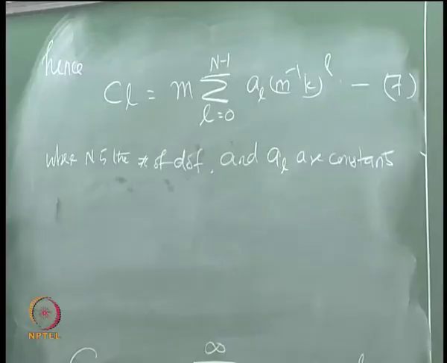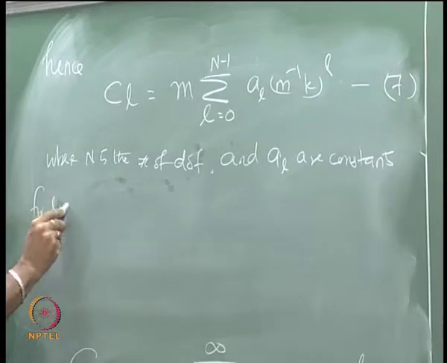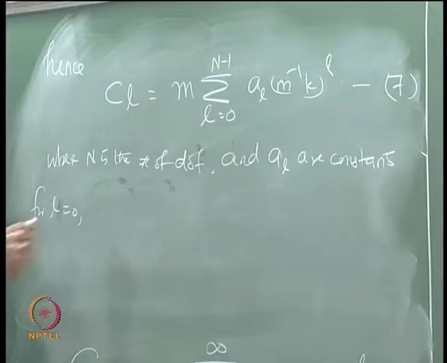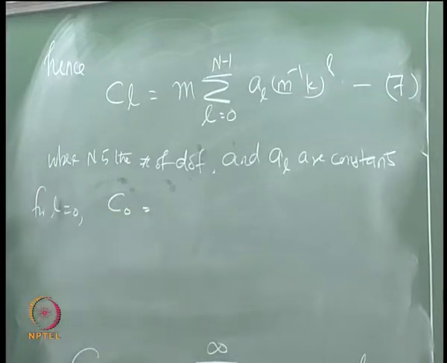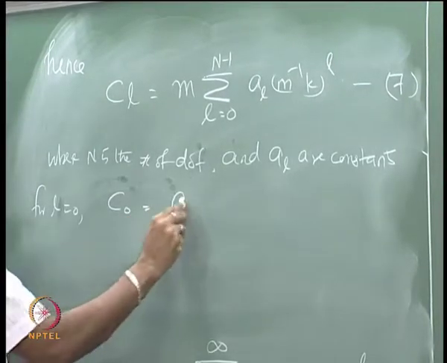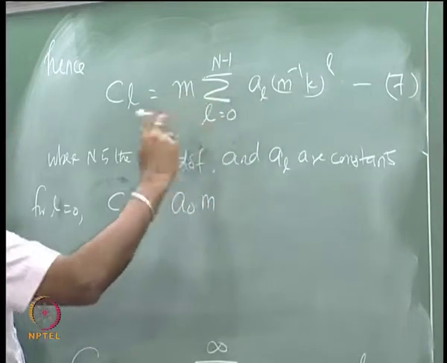Now let us quickly see what happens to my AL value for different values of L. Let us say for L equals 0, C naught will be equal to A0 M. Can I write it like this?